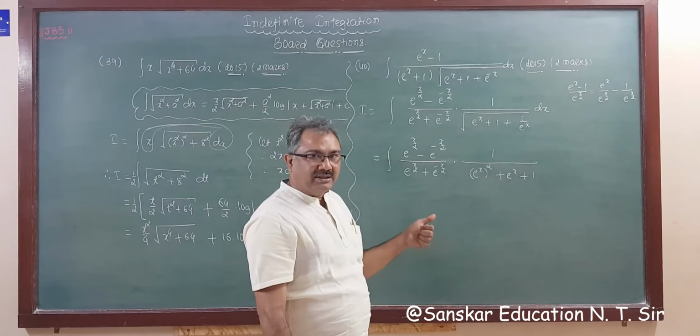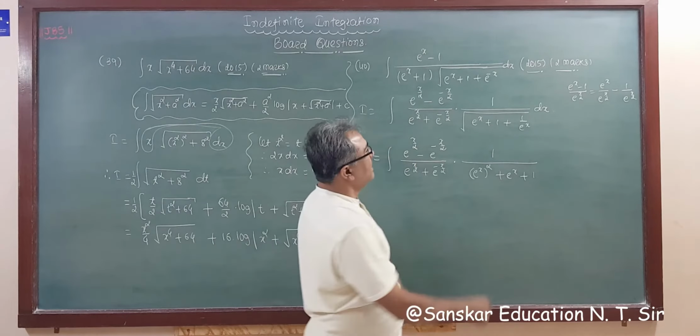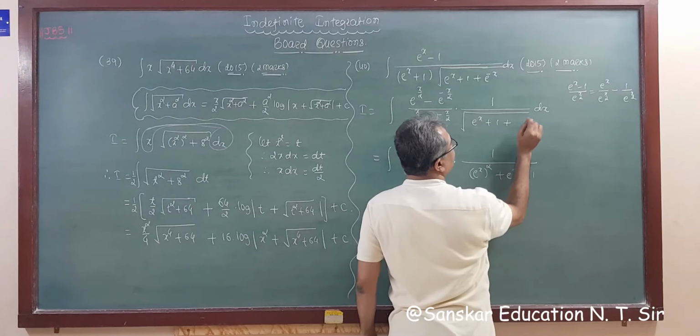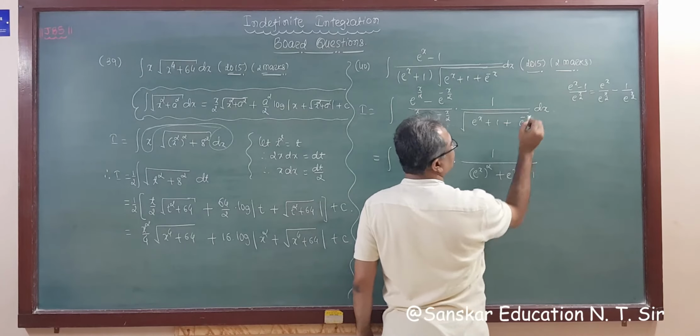If you don't want to write this, keep this as it is. This is e raised to minus x.